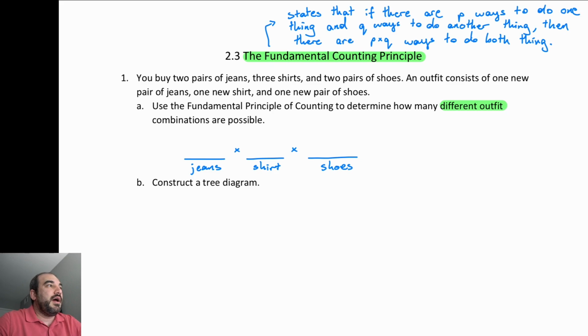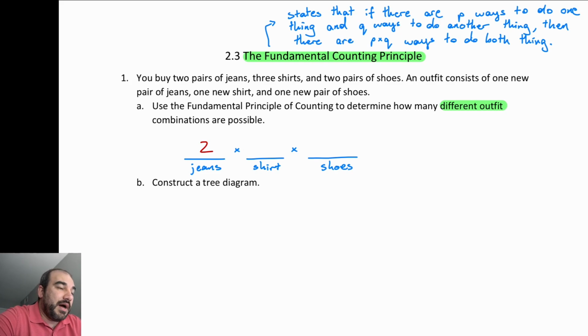Right? We're splitting this outfit task into 3 different tasks, and we're going to write down the number of ways each task can be completed. So the number of ways that a pair of jeans can be chosen is 2, because there were 2 pairs of new jeans that you bought.